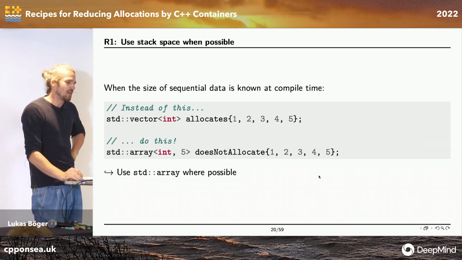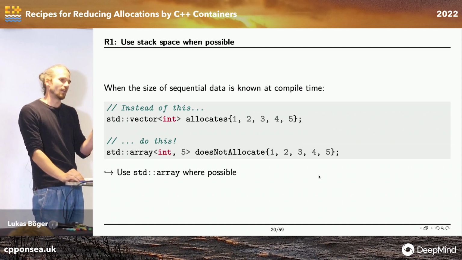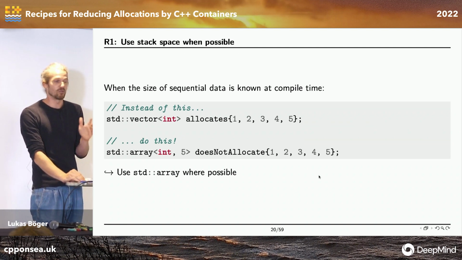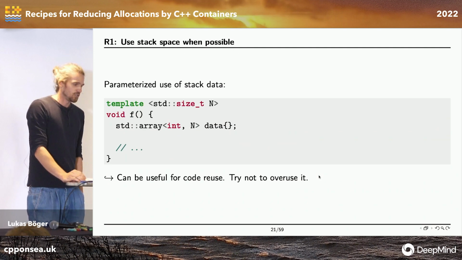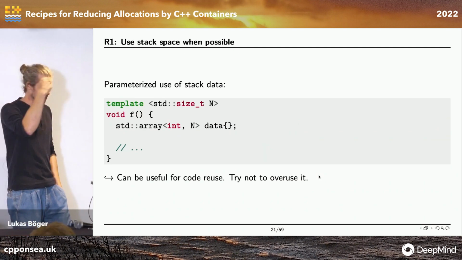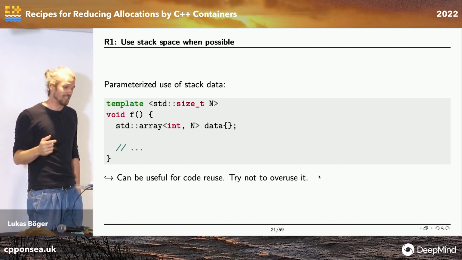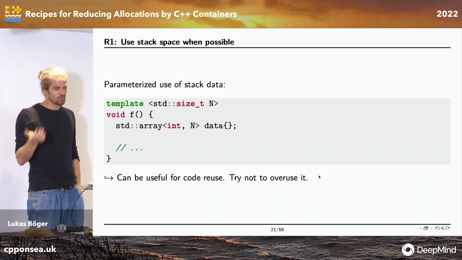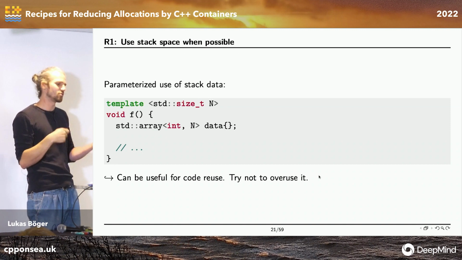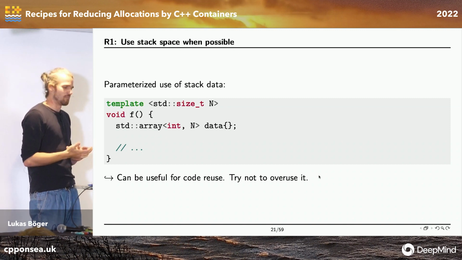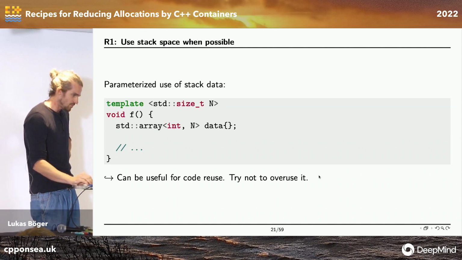Now, sometimes it might be weird to have the literal size everywhere, might make the code less reusable. So you can carry it around and parameterize your functions or classes on that array size. But I tend to not overdo it because then I have to turn everything into a template, and you know, there's usually a better way to do it.